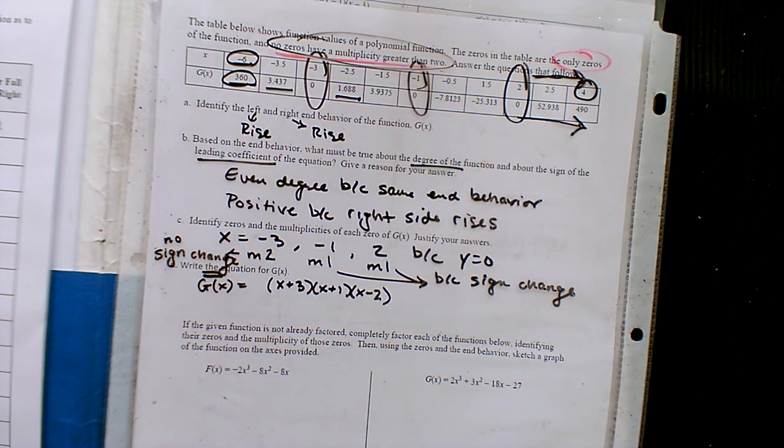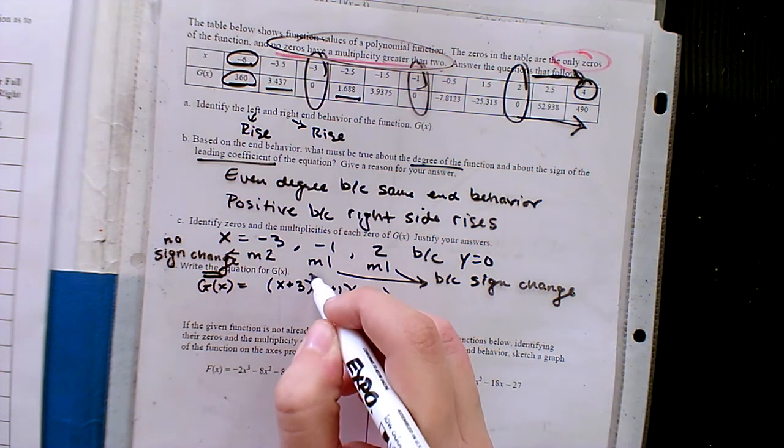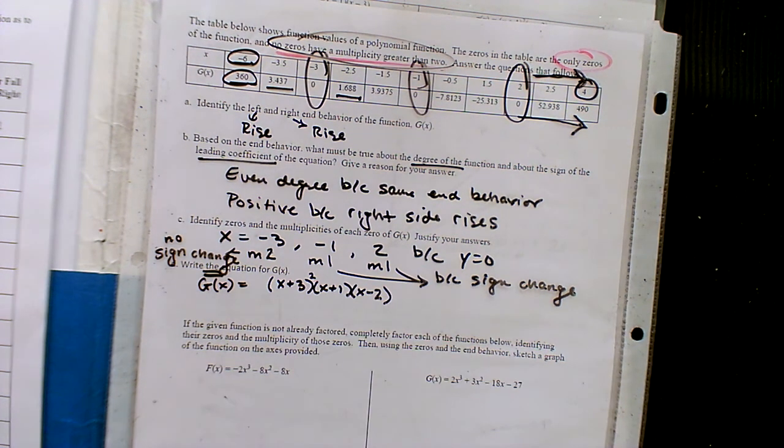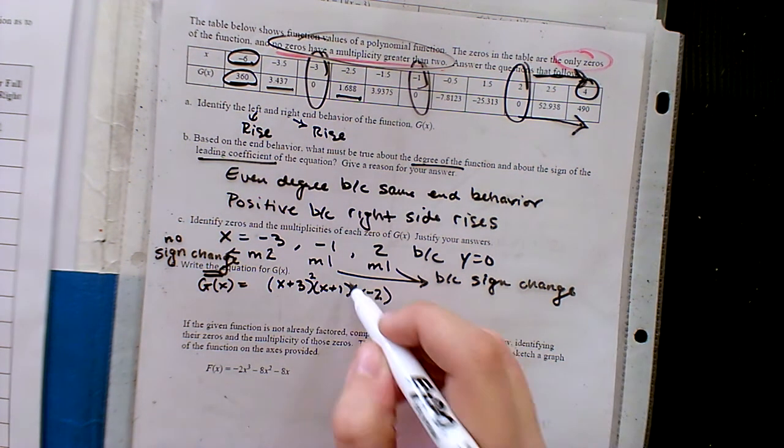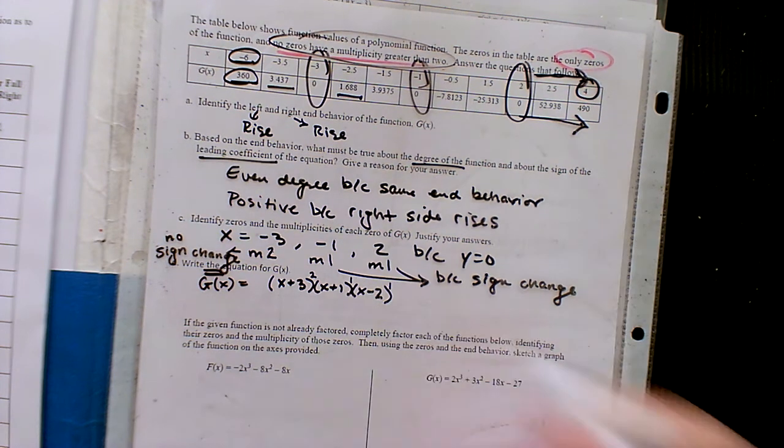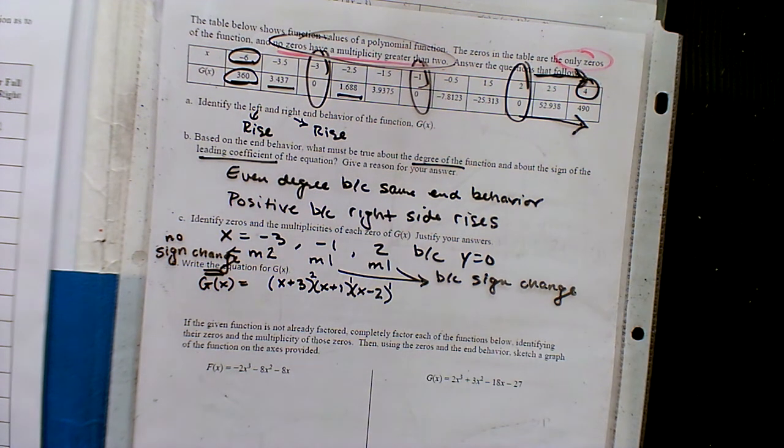And since we already listed the multiplicities, we can show those by writing them as the appropriate power on the factor. So we'll have 2, 1, and 1. You don't have to write the multiplicities of 1 there, okay? If you do, just as a reminder, that's okay.